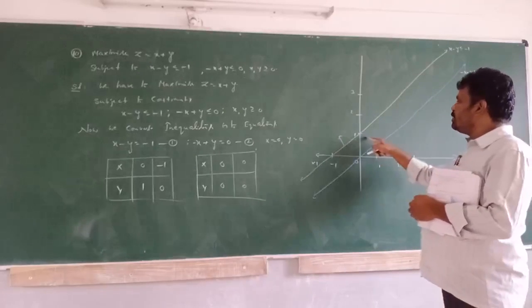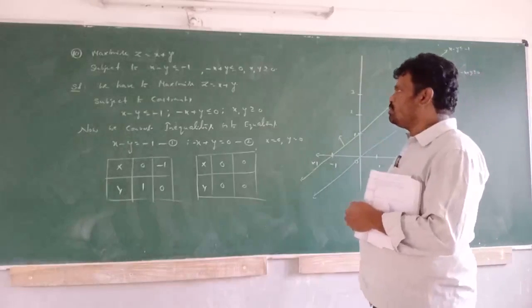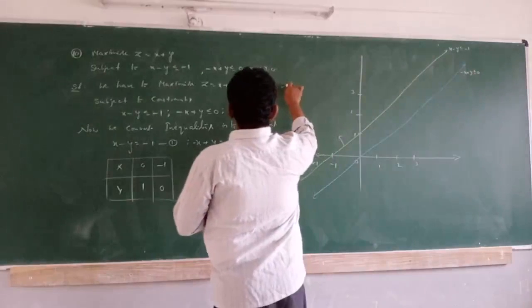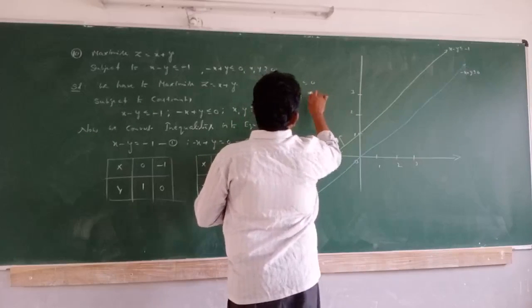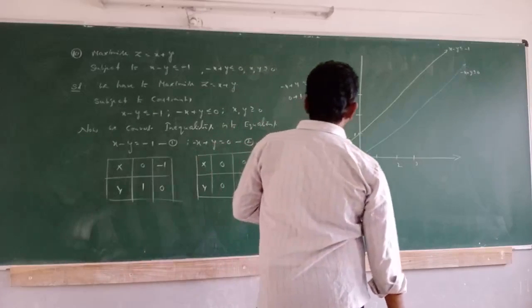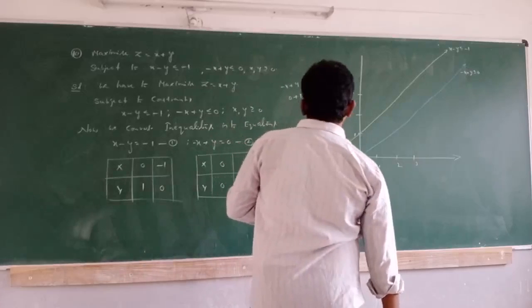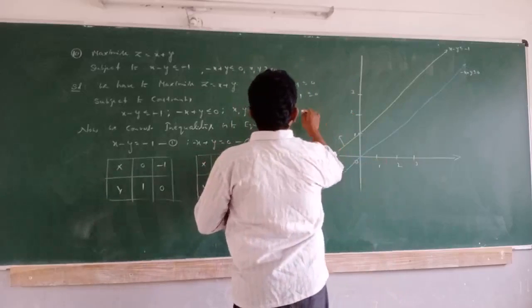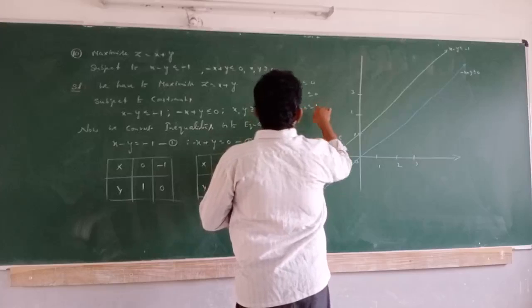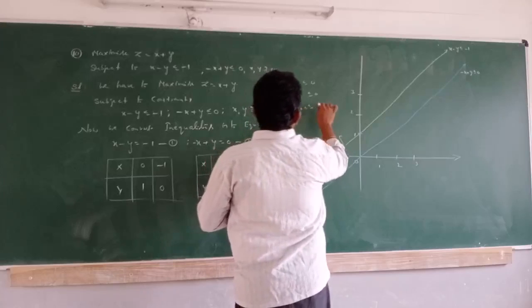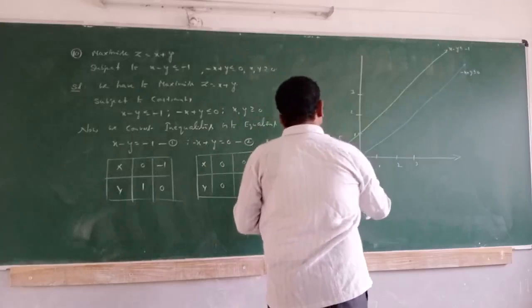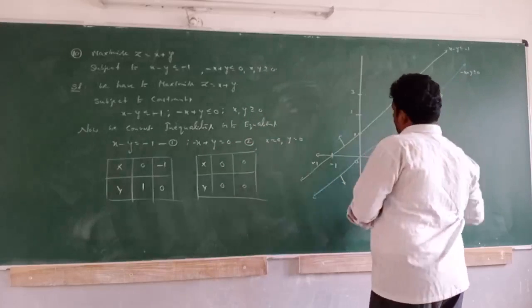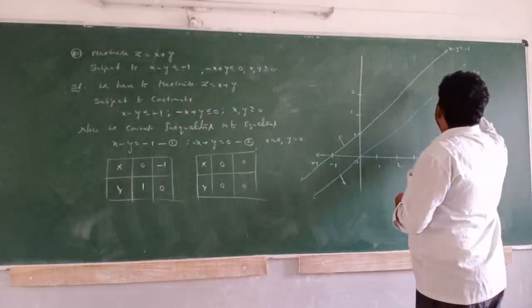If you take any one point above, 0, 1, in this inequality minus x plus y is less than or equal to 0, we get 1 is less than or equal to 0, so this is the failure case. Okay, failure case. Then another point, 1, 0: minus 1 plus 0 is less than or equal to 0, this is satisfied. So if you take the points on this side, okay? Now this is the shaded region.